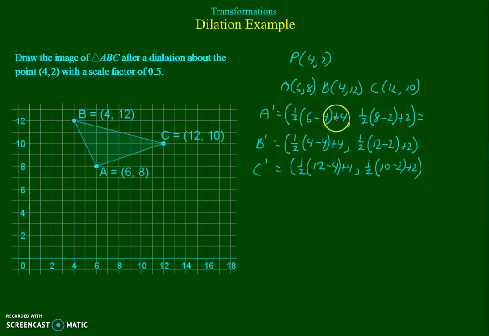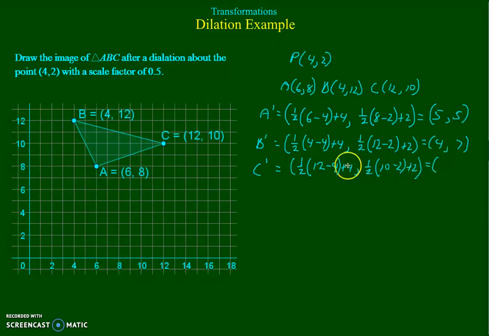Now we just calculate these, and we have 6 minus 4 is 2, divided by 2 is 1, plus 4 is 5. 8 minus 2 is 6, divided by 2 is 3, plus 2 is 5. 4 minus 4 is 0, divided by 2 is 0, plus 4 is 4. 12 minus 2 is 10, divided by 2 is 5, plus 2 is 7.